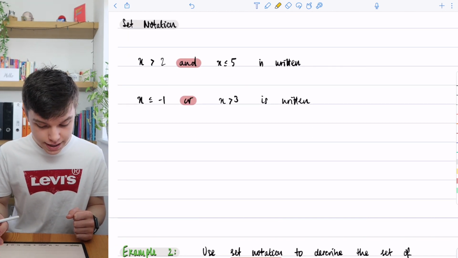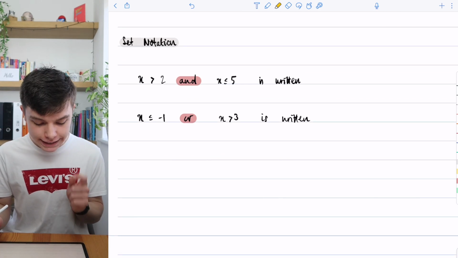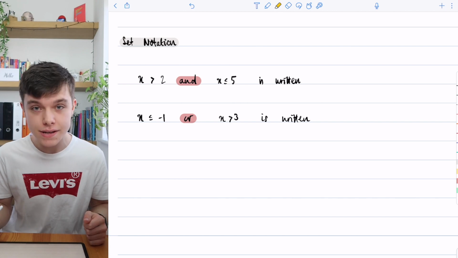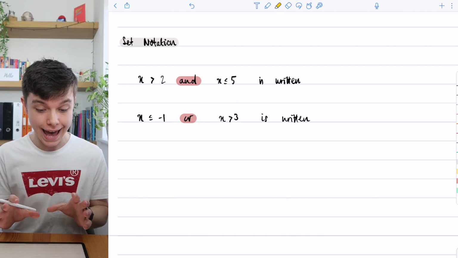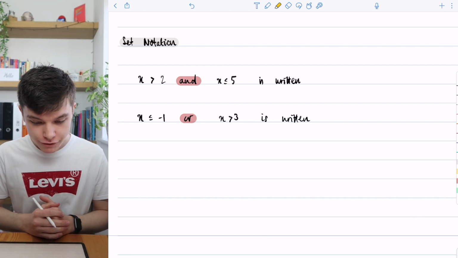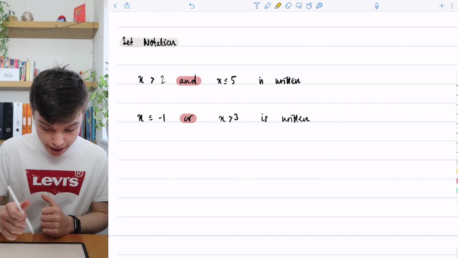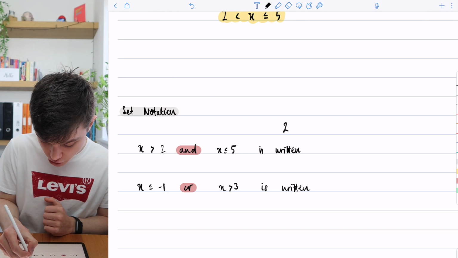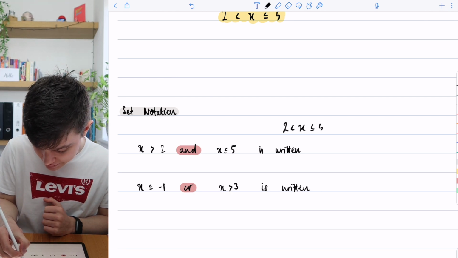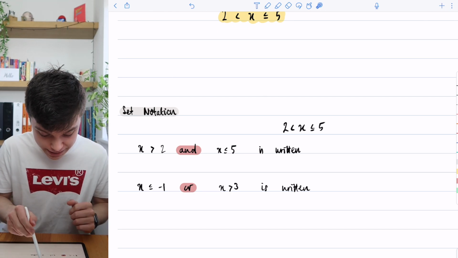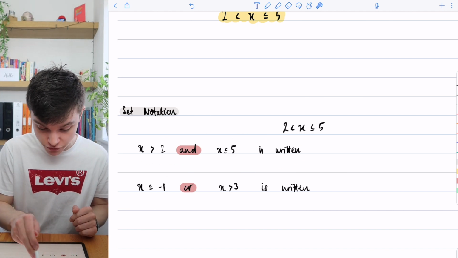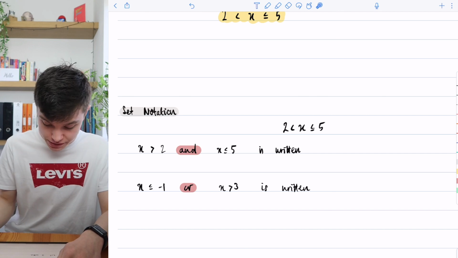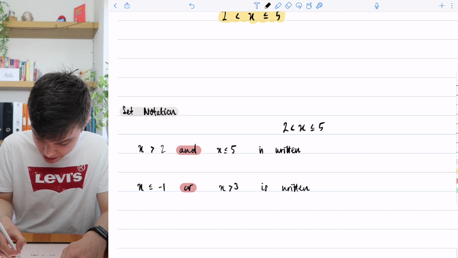Okay, now we want just to slightly introduce a little bit of set notation. I introduced it at the start, but I'm going to introduce it again here. Okay, I've got two examples. This example is what we just wrote above here. So 2 is less than x is less than or equal to 5. That is exactly this here. We've just simplified that. Okay, now in set notation, we write that with curly brackets.